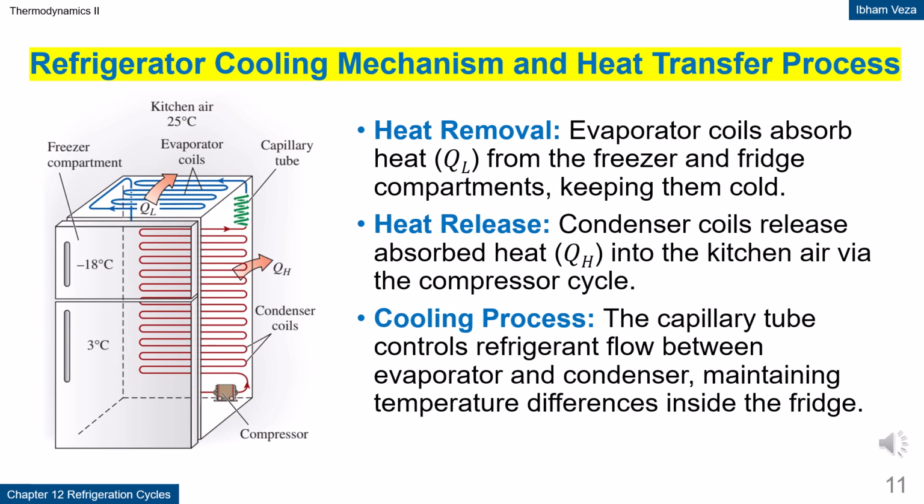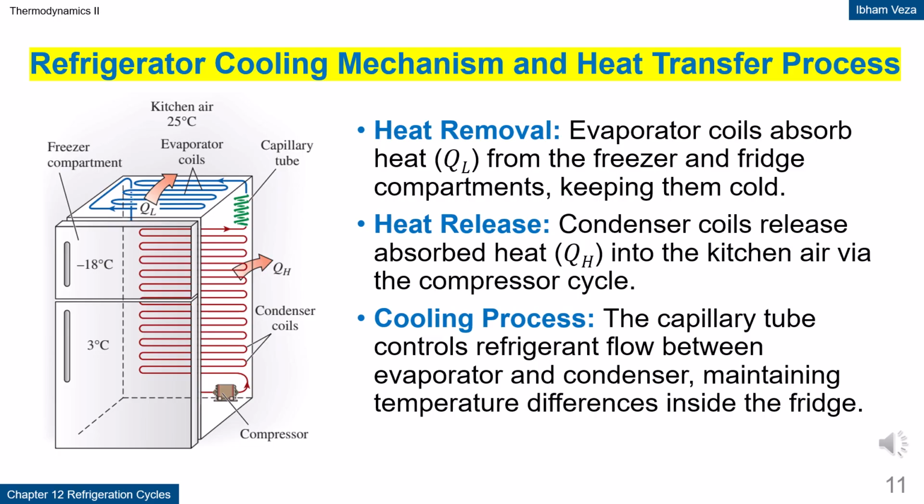Refrigerator cooling mechanism and heat transfer process. The cooling mechanism of a household refrigerator is based on heat absorption in the evaporator and heat rejection in the condenser. Heat QL is removed from the freezer and refrigerator compartments to keep them cold.